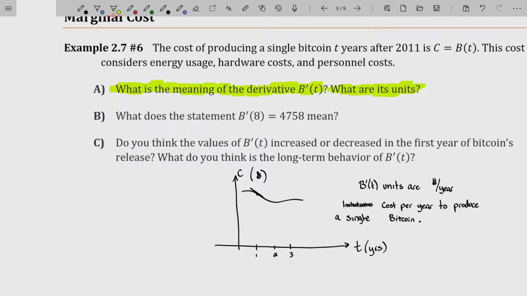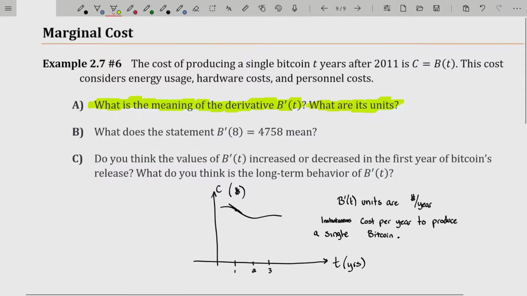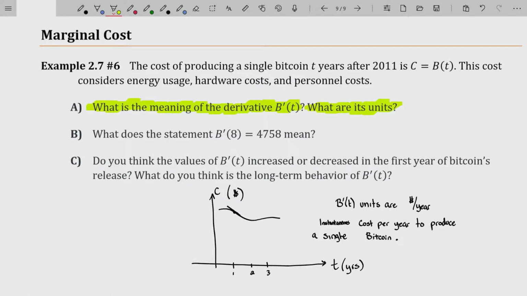What does B prime of 8 equaling 4,758 mean? Well, okay, remember, time 0 is 2011, so this means in 2019, exactly January 1st, 2019 at midnight and 1 second or something like that.